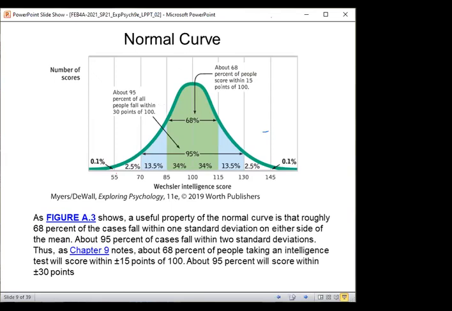We see this normal curve with intelligences, with heights, and all sorts of things that naturally occur in the world.